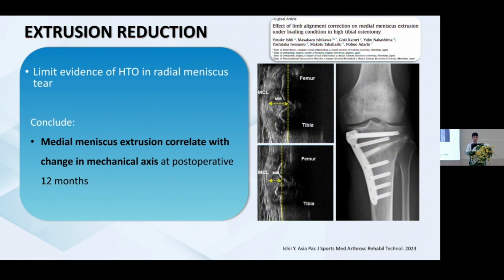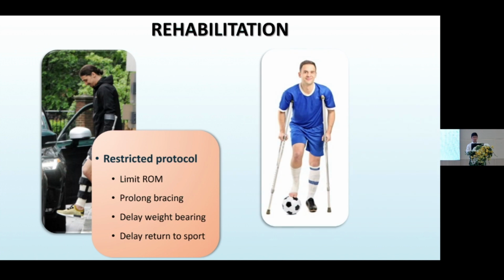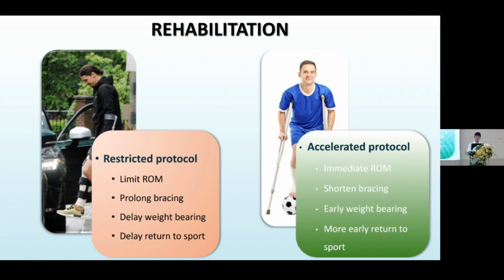For HTO, more studies focus on the root tear, but this study shows that not only do you correct the malalignment, but you also help reduce the medial meniscus extrusion at 12 months of follow-up. Rehabilitation of the meniscus has a restrictive protocol with delayed range of motion, weight bearing, and return to sport, and an accelerated protocol where you use immediate range of motion, a shortened brace period, early weight bearing, and quicker return to sport.